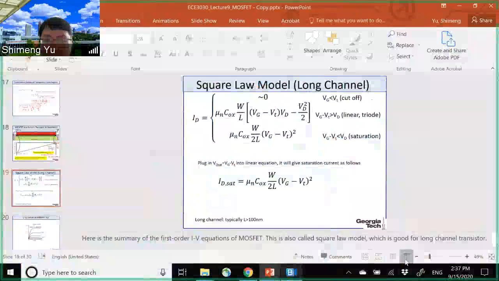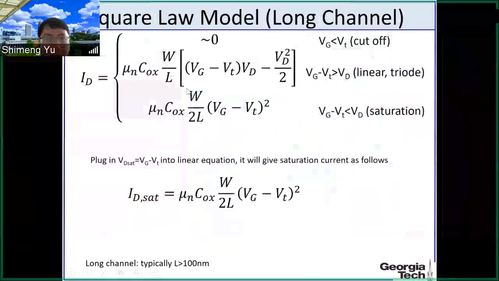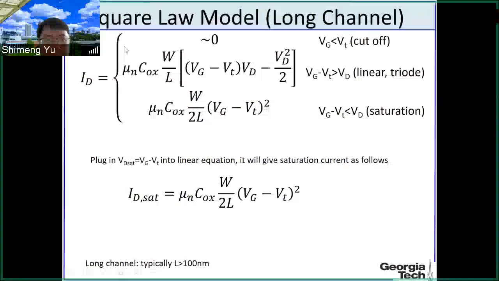Okay, let's have a summary here. These are the IV equations we will use over and over in this course for the rest of the semester, and they are very important, of course. Here we have three regions of transistor operation. First is the so-called cutoff region. This is before the channel is formed, that means the gate voltage is smaller than the threshold.